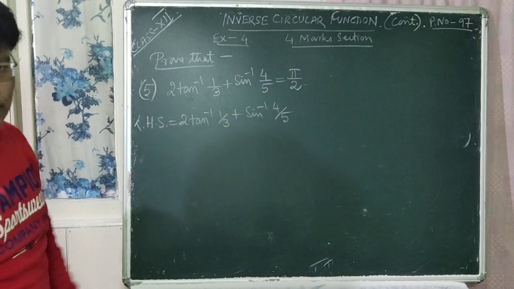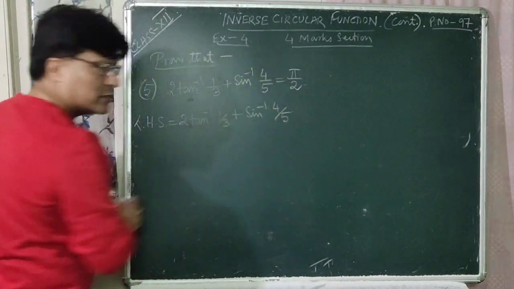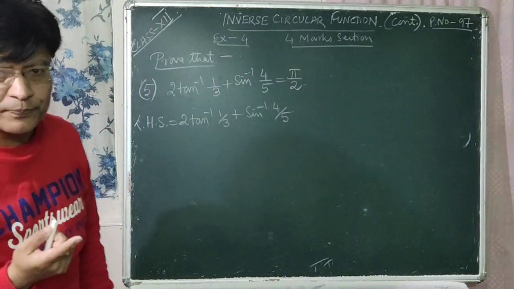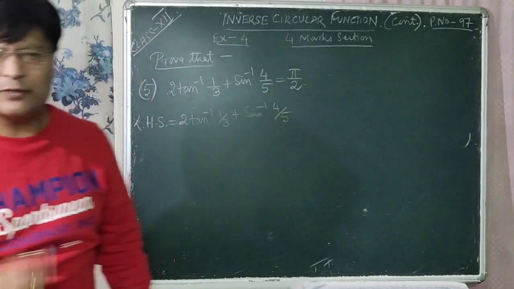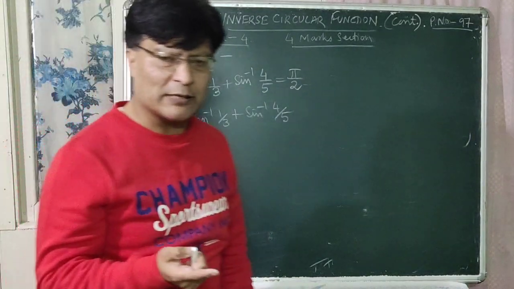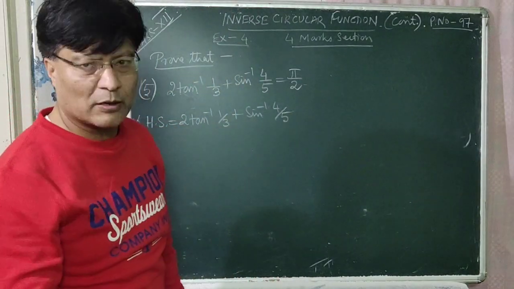So how will you do this problem? Since the second term is in terms of sine inverse, this 2 tan inverse 1/3 should be converted into sine inverse. So what is the formula? What is 2 tan inverse x in terms of sine inverse? You should know this formula. We have done it, isn't it? I proved it also.